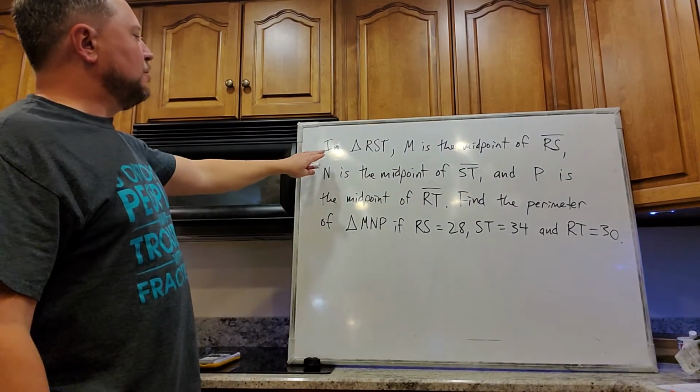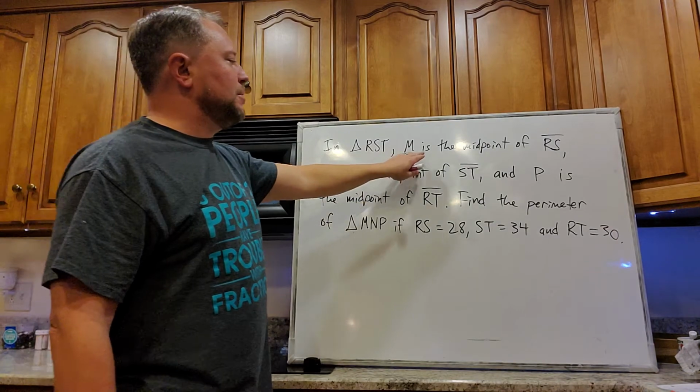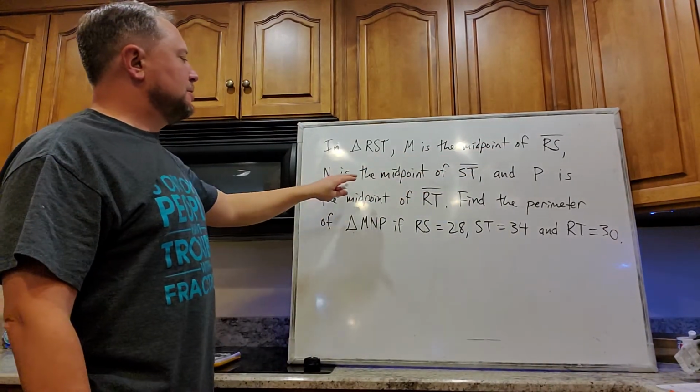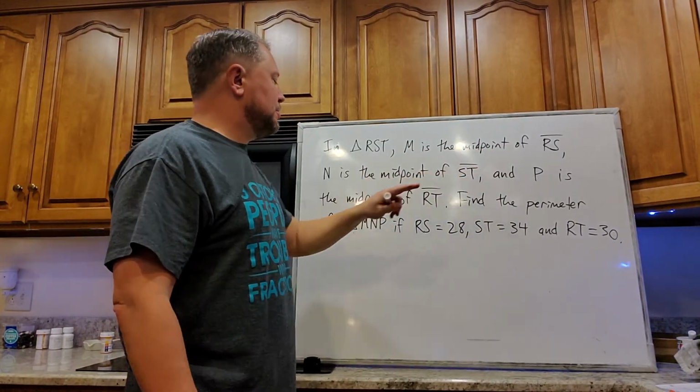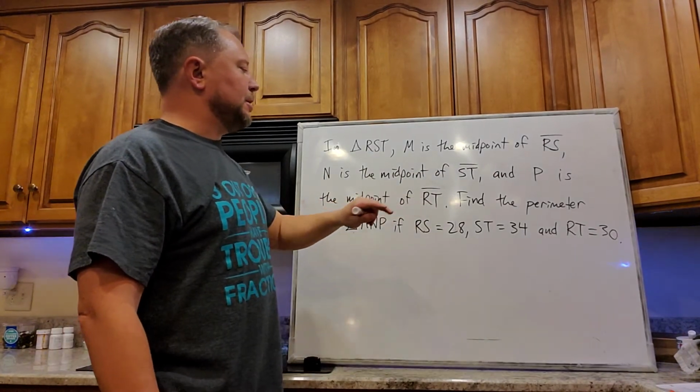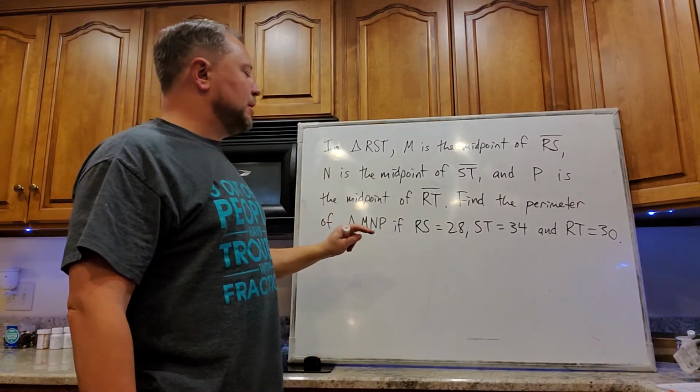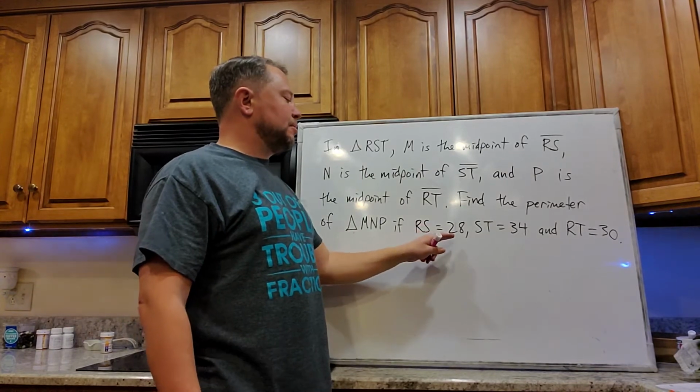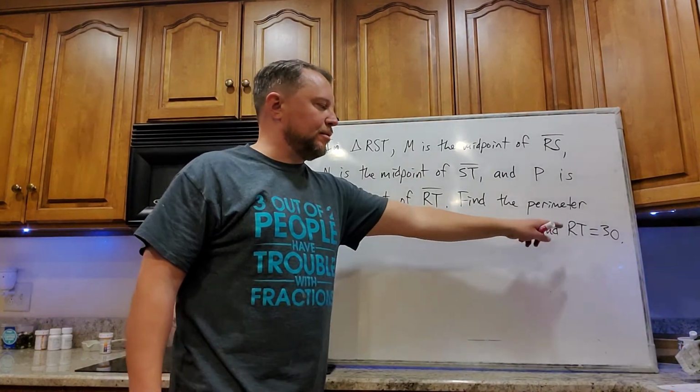Let me read through that one more time. In triangle RST, M is the midpoint of RS, N is the midpoint of ST, P is the midpoint of RT. Find the perimeter of triangle MNP if RS equals this, ST equals this, RT equals that.